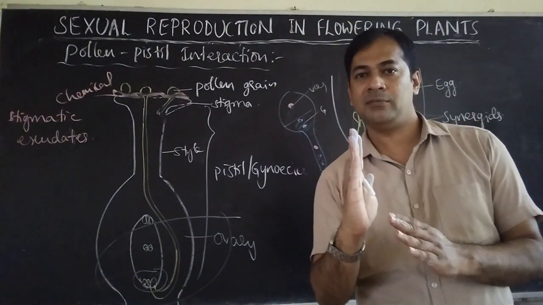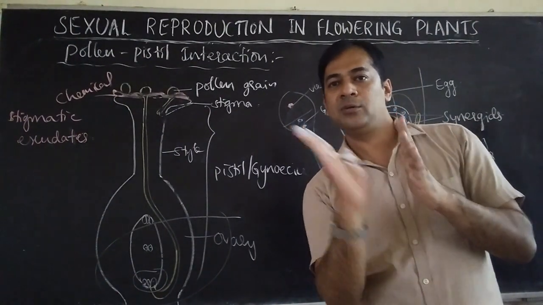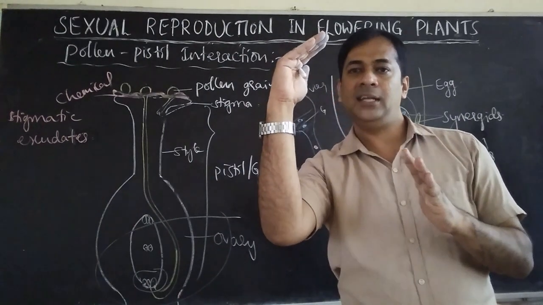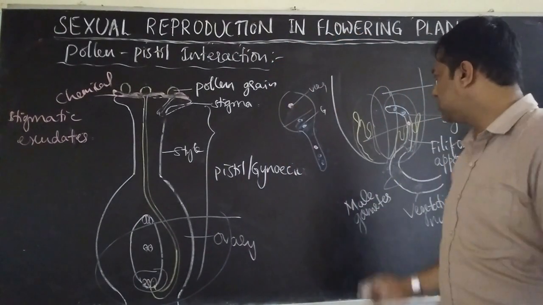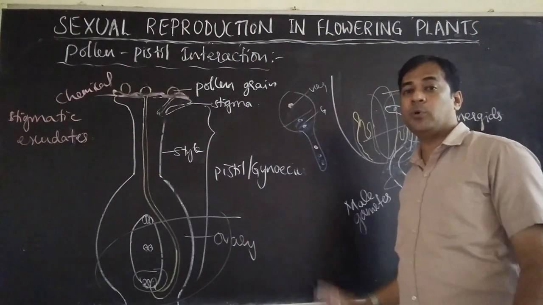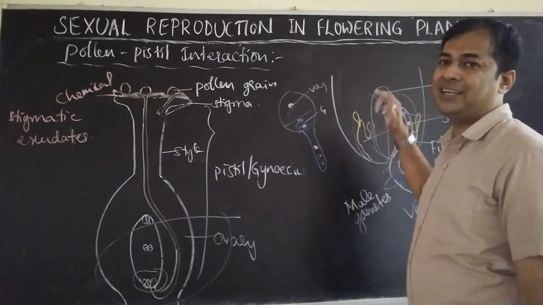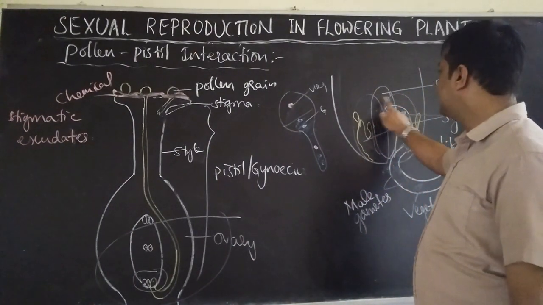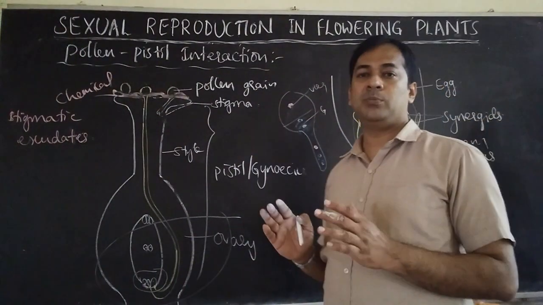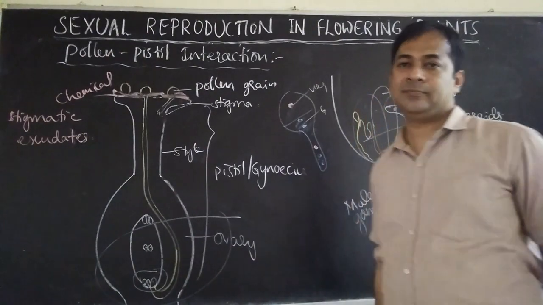The pollen tube doesn't directly meet the egg. It goes to the filiform apparatus, then from there to the synergid, then it comes to the egg. So the function of the filiform apparatus is to help the pollen tube meet the egg. Even the synergid's function is to help the pollen tube meet the egg.